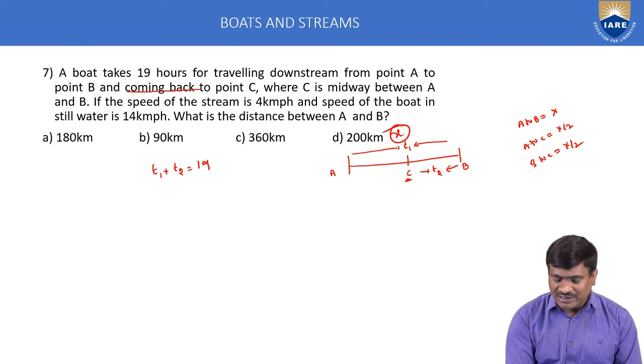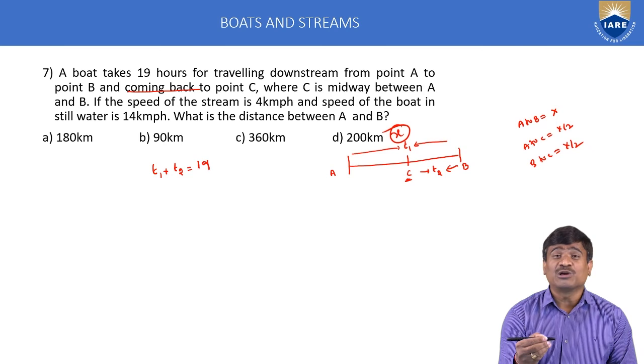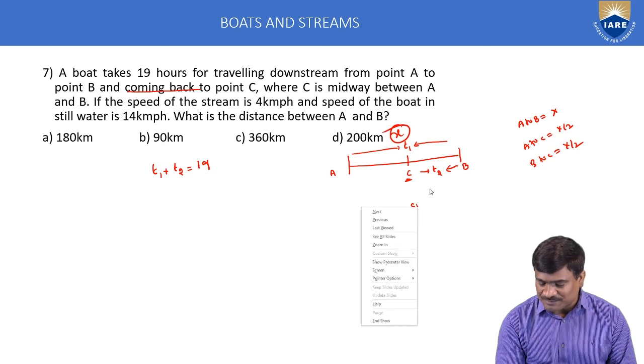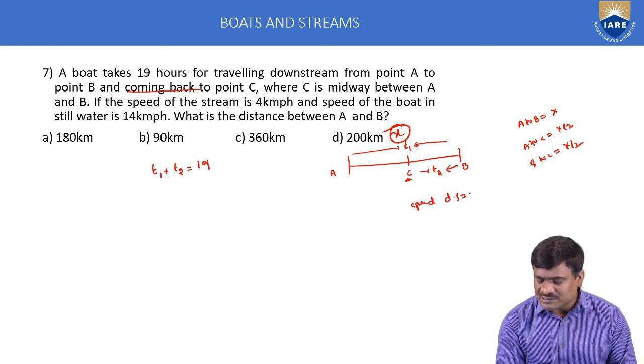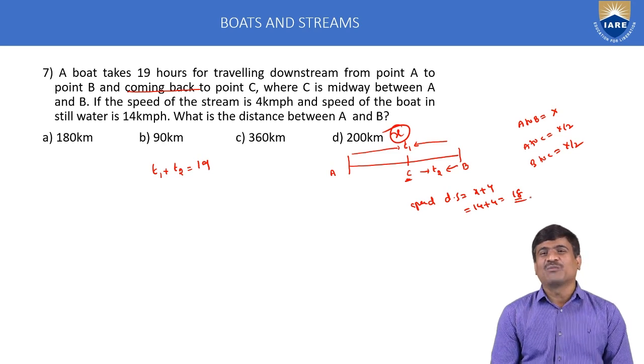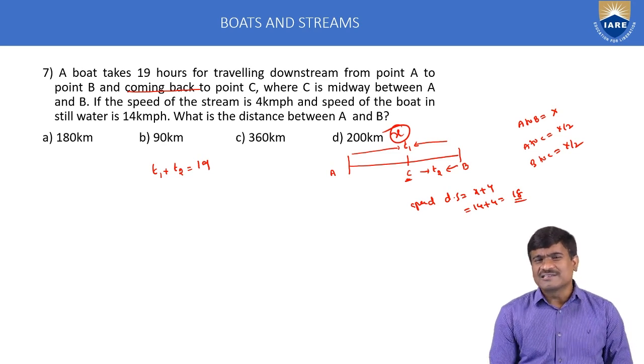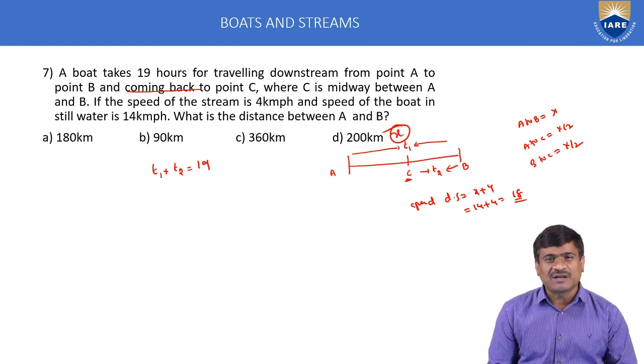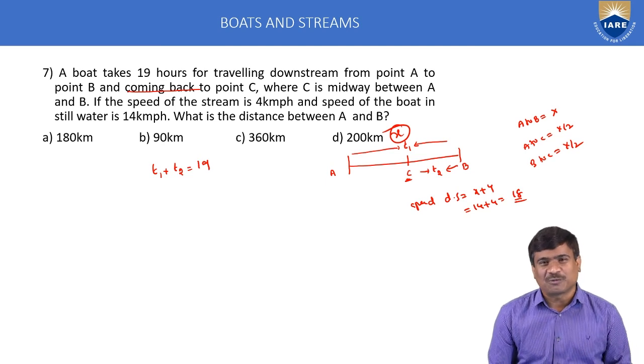Then T1 indicates downstream time, distance by speed. Next, calculate downstream speed. Speed of a downstream is equal to x plus y, where x is equal to 14, y is equal to 4, is 18 km per hour. The terms are clearly given. Speed of a boat is 14 km per hour and speed of a stream is 4 km per hour.